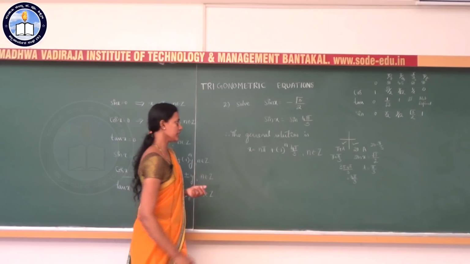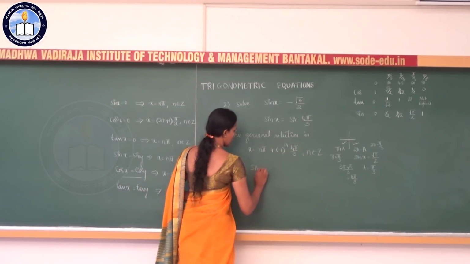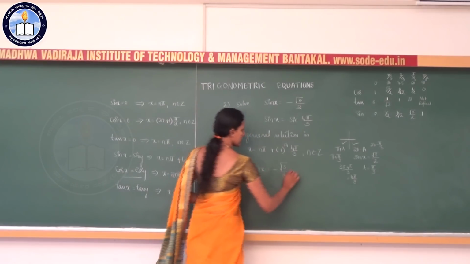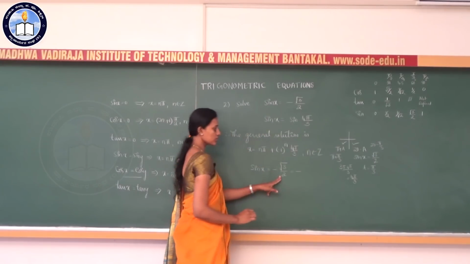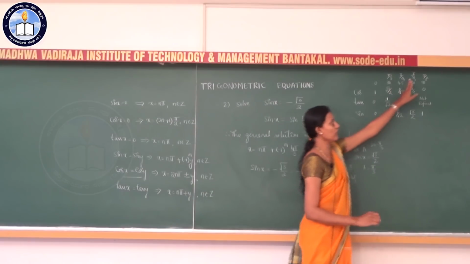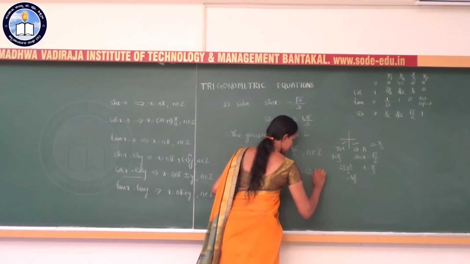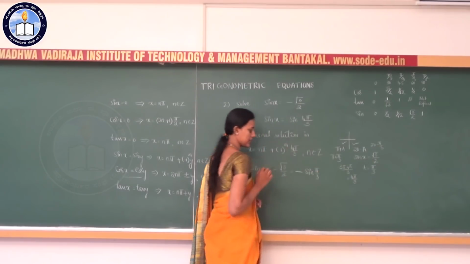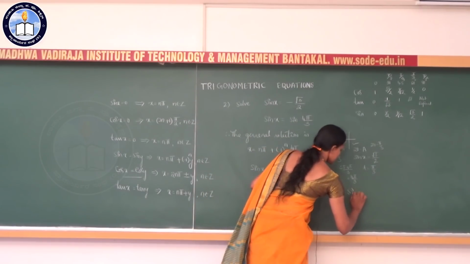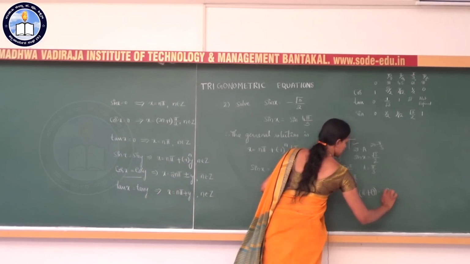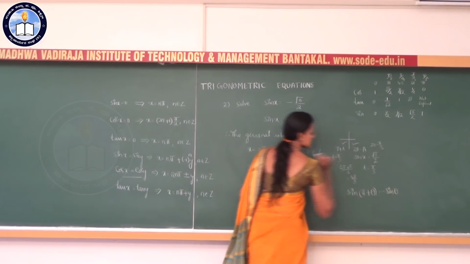The second method is: sin x is equal to minus root 3 by 2. That is, minus root 3 by 2 is nothing but minus sine of pi by 3. And we know that sine of pi plus theta is minus sine theta.